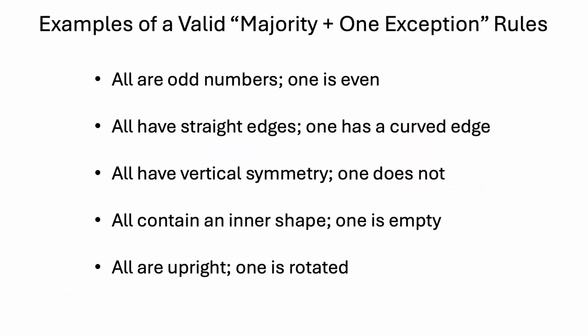Now let's look at some examples of valid majority plus one exception rules. So again, these are examples that would pass the uniqueness test. The first is all are odd numbers and one is even. Here is the majority, all are odd, and the one exception is that one element is even. A second example, all have straight edges, this is the majority, and one has a curved edge, this is the exception.